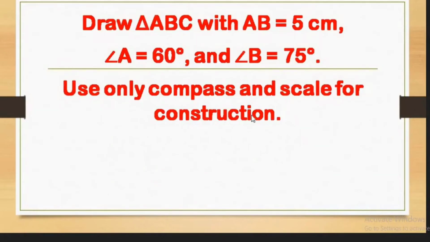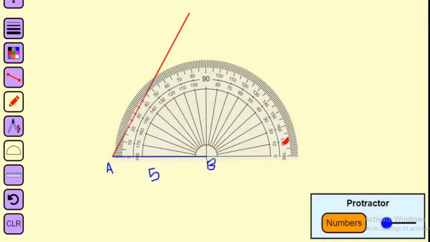So the left 0 starts from outer angle. So we have to take the outer angle and mark the point 75 degree. Don't take the inner angle, you have to take the outer angle in this case. Hope you understood.